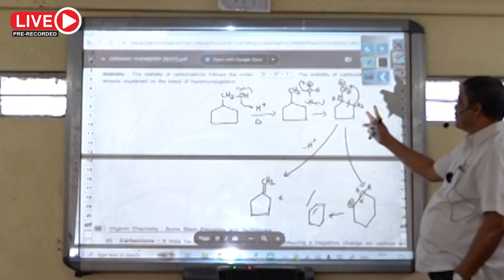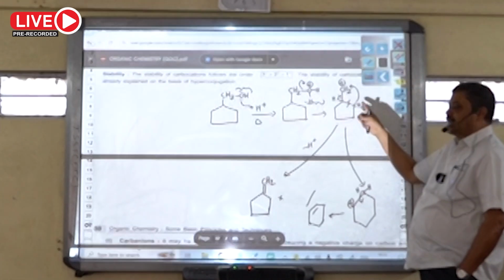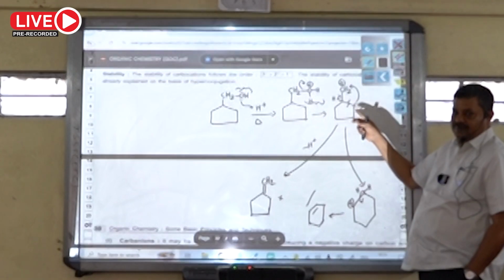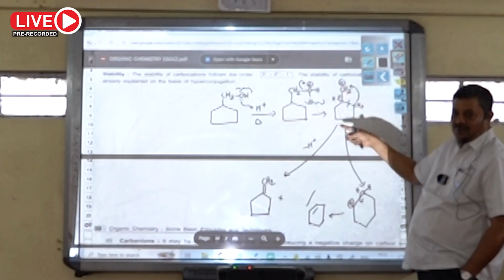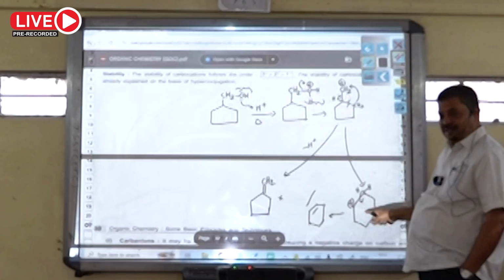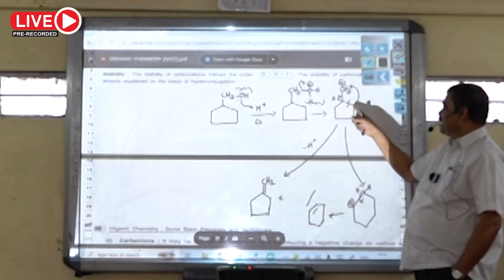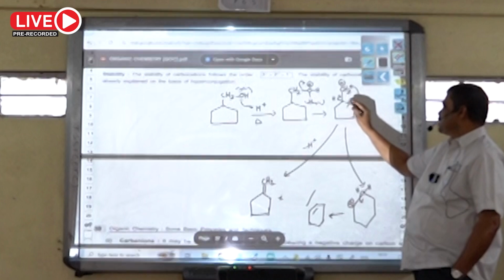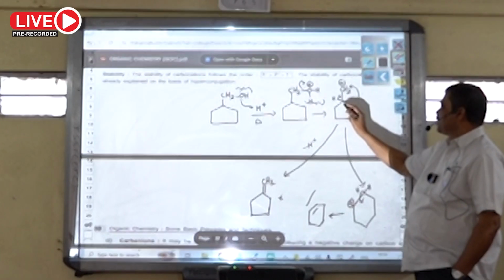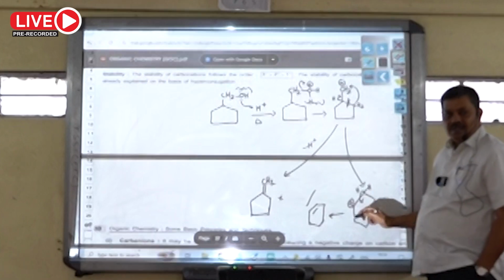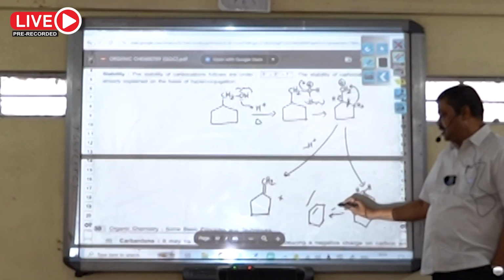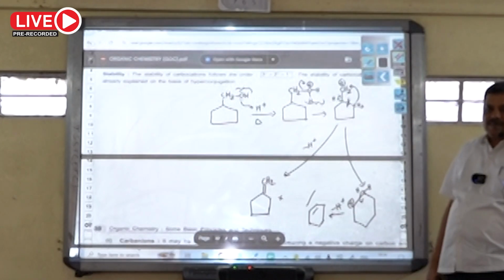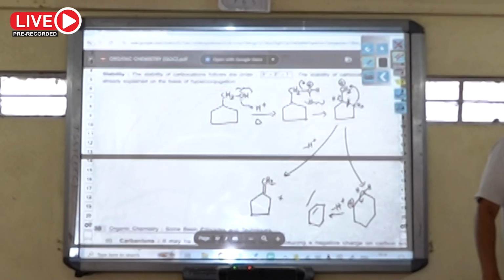So when the ring opens, the ring already has how many carbons? 5. When the ring is cut and opens, and this links with this, total how many membered ring? 6-membered ring. So one carbon will get a plus charge because this entire bond is broken and linking this. This carbon will become plus. To nullify the plus charge, one of the hydrogens gives its bond pair and loses H plus. Ultimately you will get cyclohexene. This is called ring expansion.